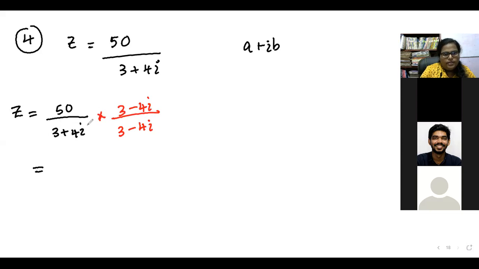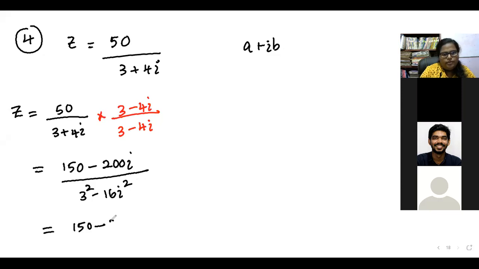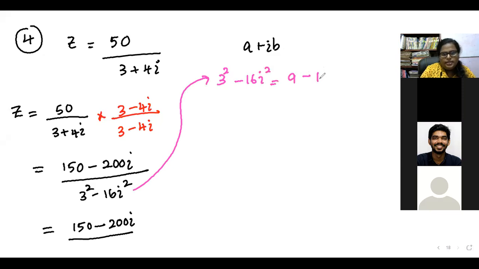So when you are simplifying this one, it is 150 minus 200i divided by 3 squared minus 16i squared, right? 3 squared is 9, minus 16i squared, where i squared is minus 1.